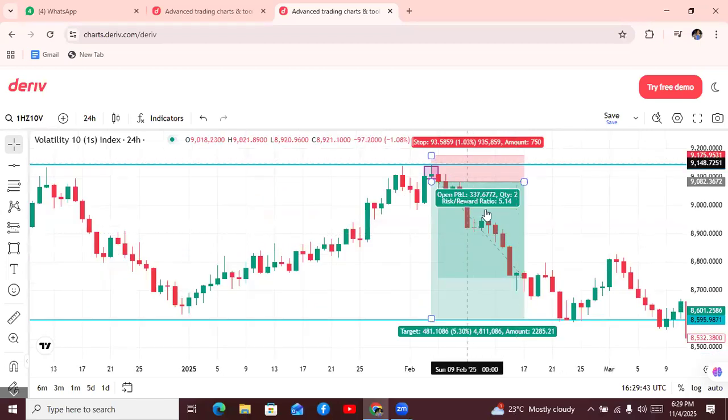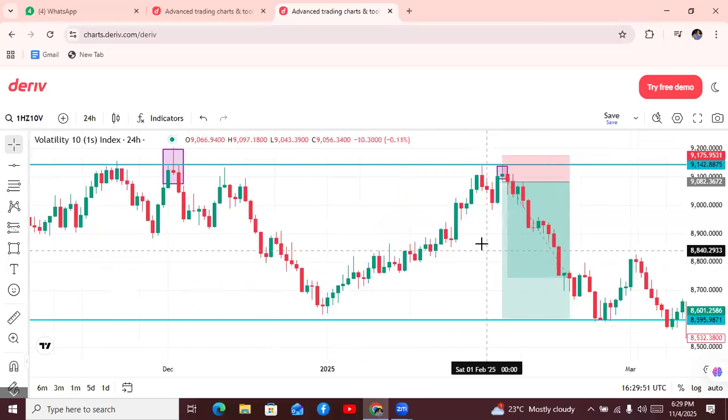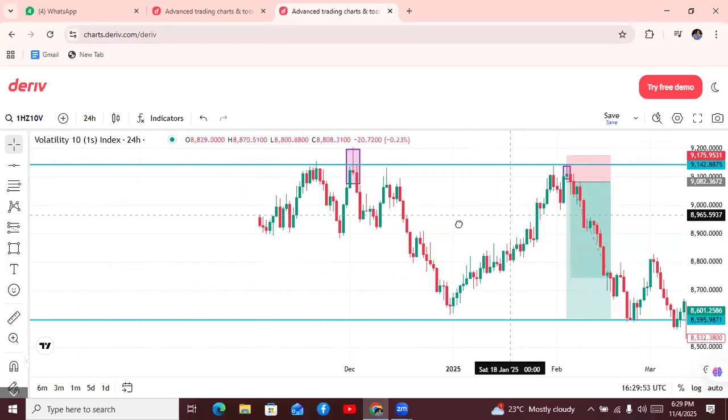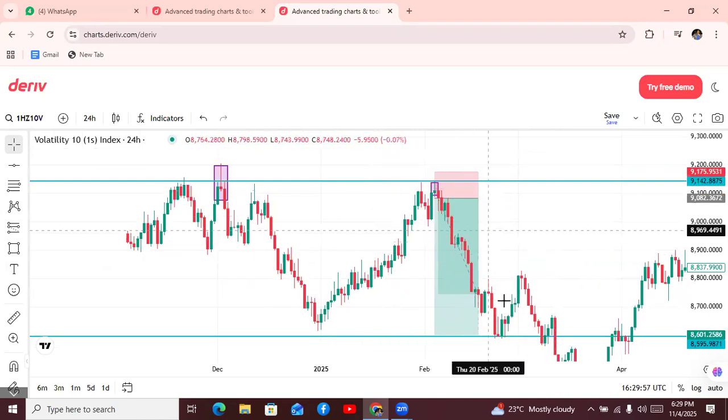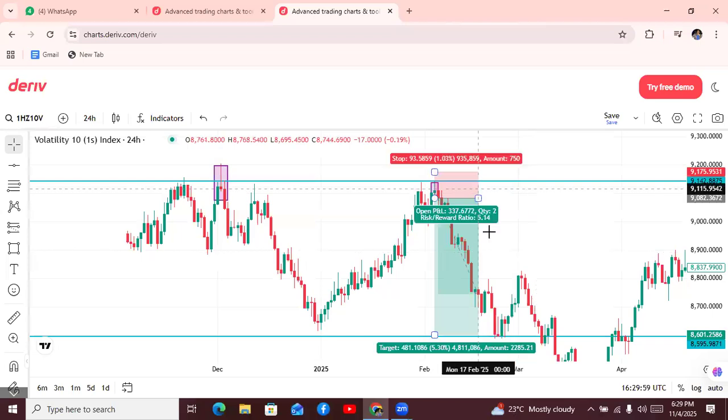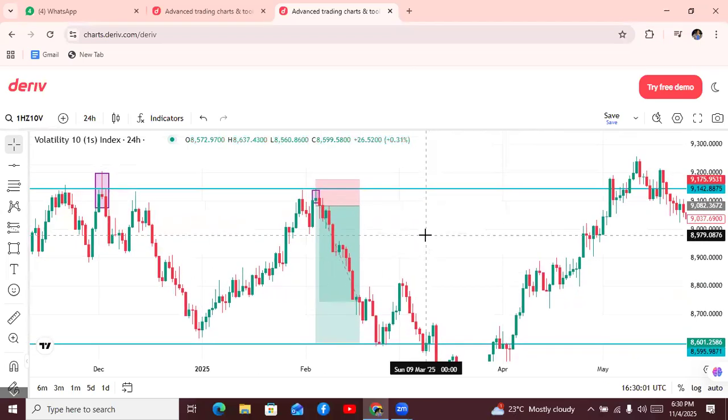So we would have profited from this particular trade. It looks really perfect. It was a very perfect trade. One could have benefited from that particular trade. You see that?